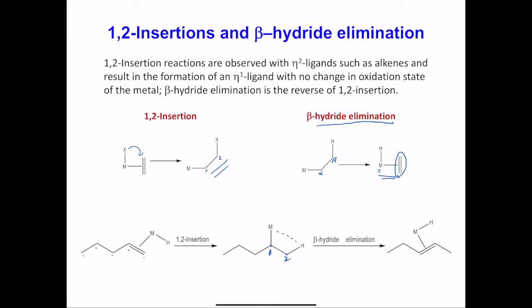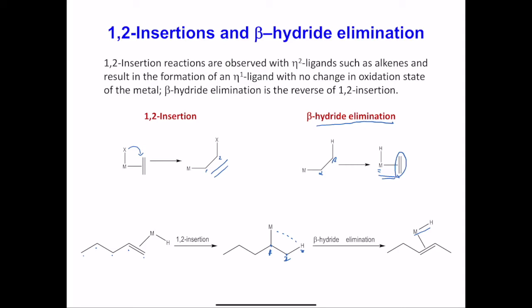Then what happens is, this hydrogen on the second carbon can go back to the metal hydride. If we let this hydrogen go back, we will go back to this side, the same reaction.